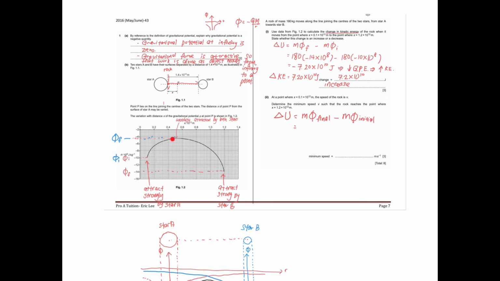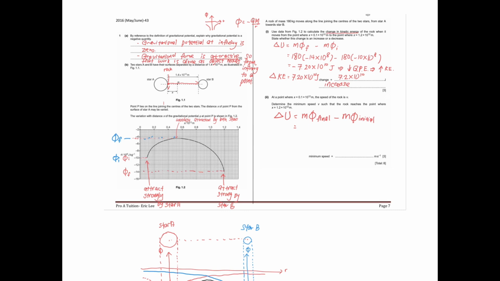We just want to make the rock have just enough energy to reach this point, and we want to see how much change in gravitational potential energy over there, because change in gravitational potential energy is related to change in kinetic energy. Now let's substitute with value.